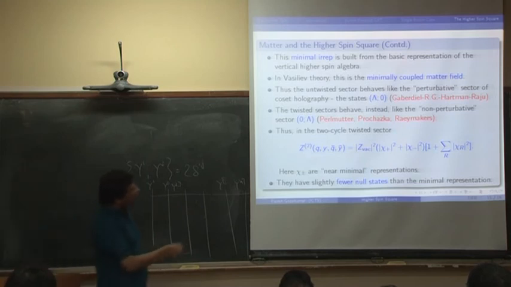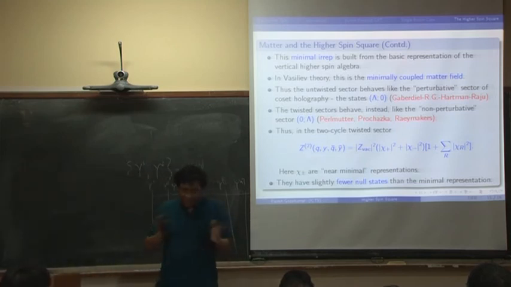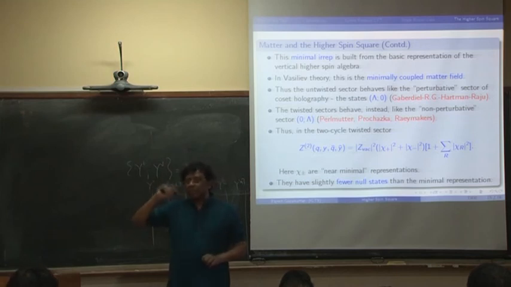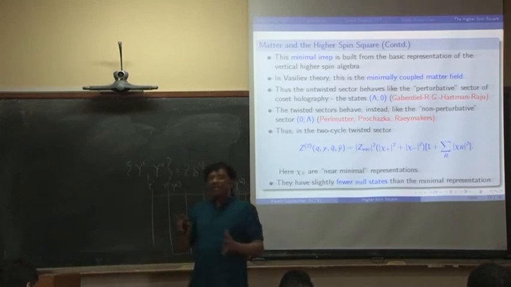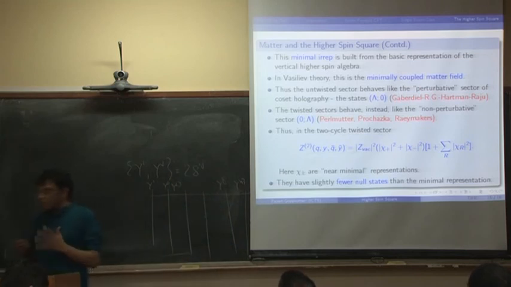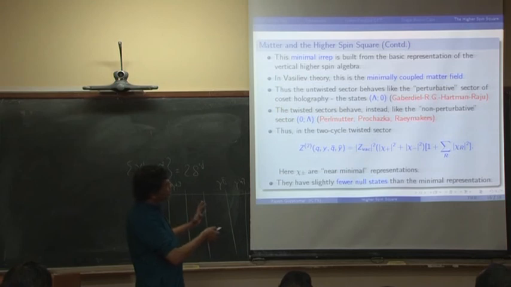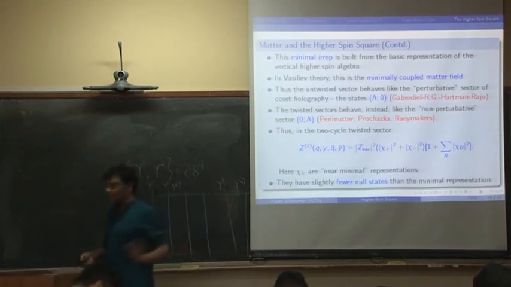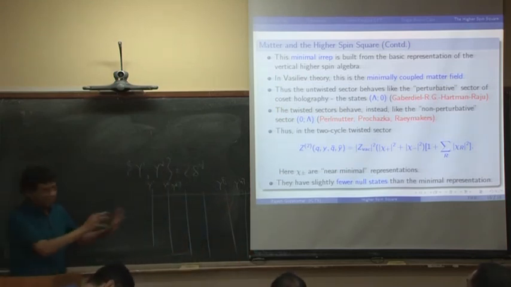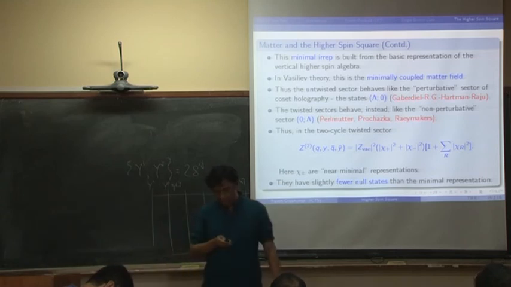But all the twisted sector representations are essentially the same representation. They just differ by their conformal dimension. So as a representation, they are basically the same. So I think it's a nice picture that seems to be emerging of the matter part as well. But this is the thing we are currently fleshing out more.